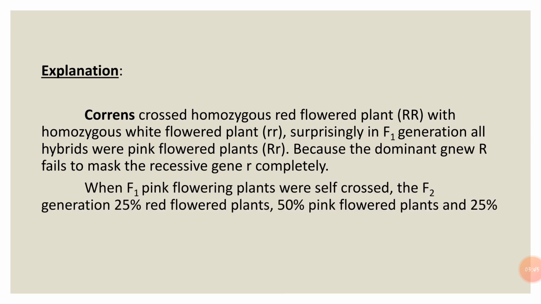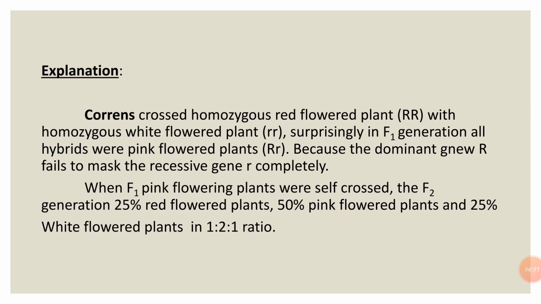When the F1 pink flowers were self-crossed, in the F2 generation what he got was 25% red flowers, 50% pink flowers and 25% white flowers, in the ratio of 1:2:1.